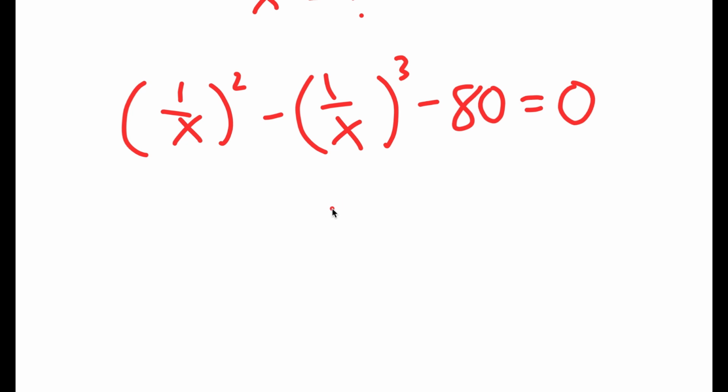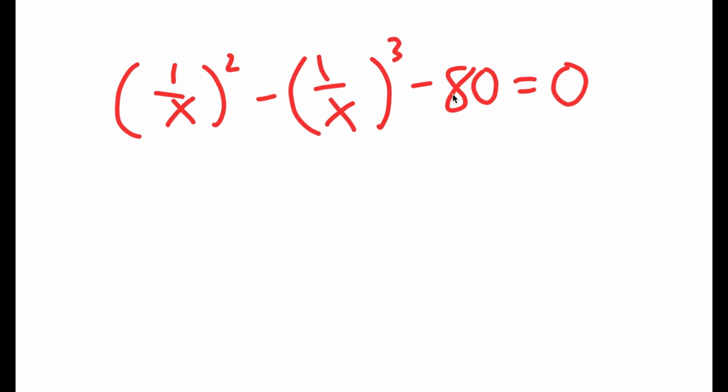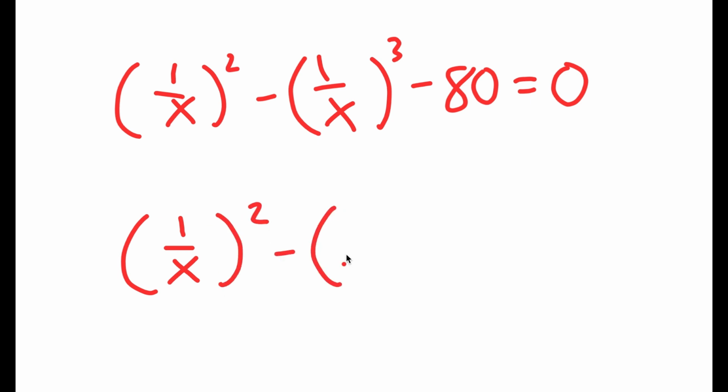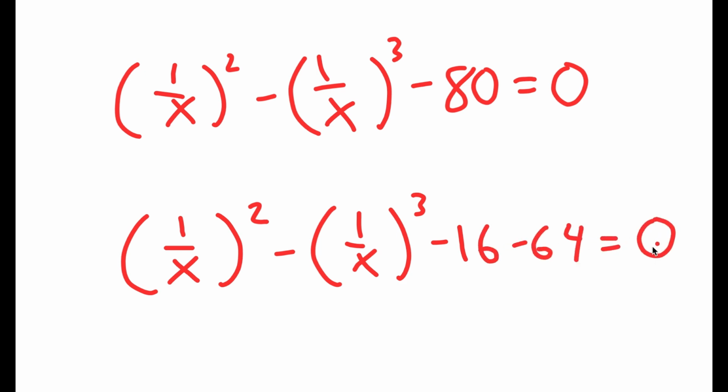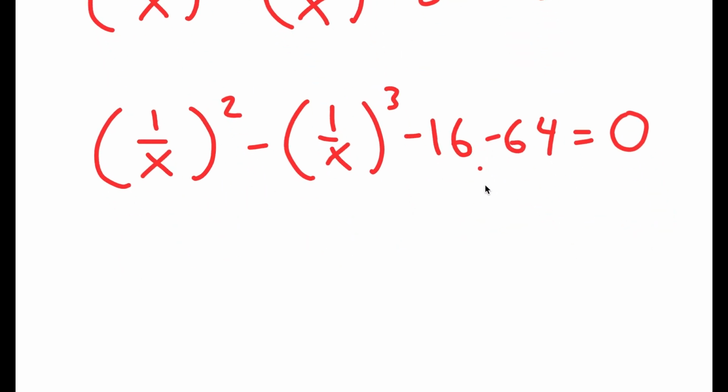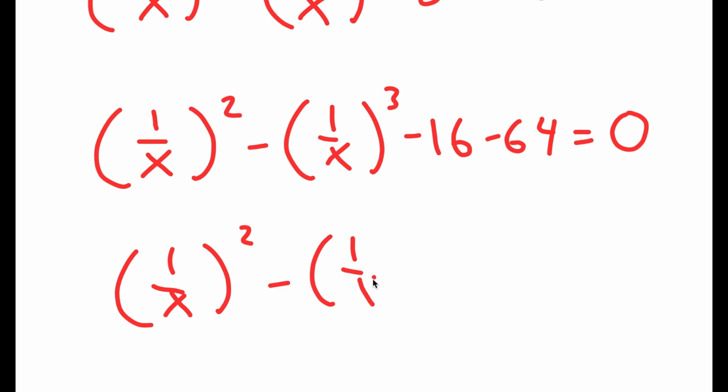Now from here, I can rewrite negative 80 as negative 16 minus 64. And the reason I'm doing that is because 16 is the same thing as 4 squared, and 64 is the same thing as 4 to the power of 3.